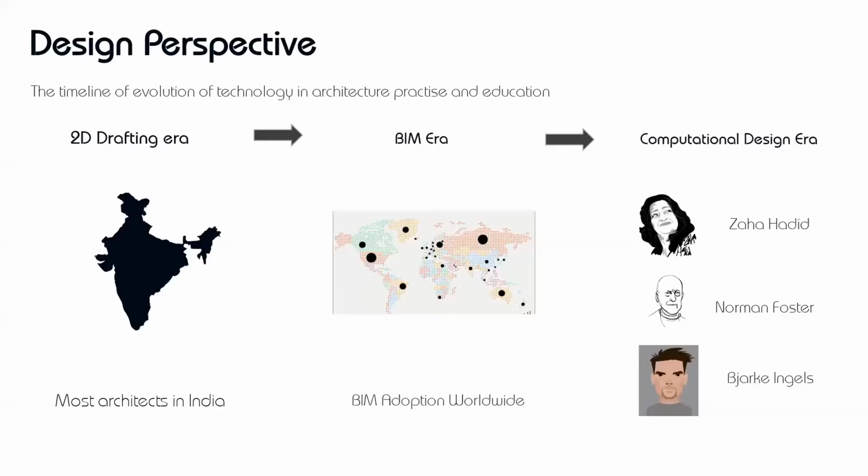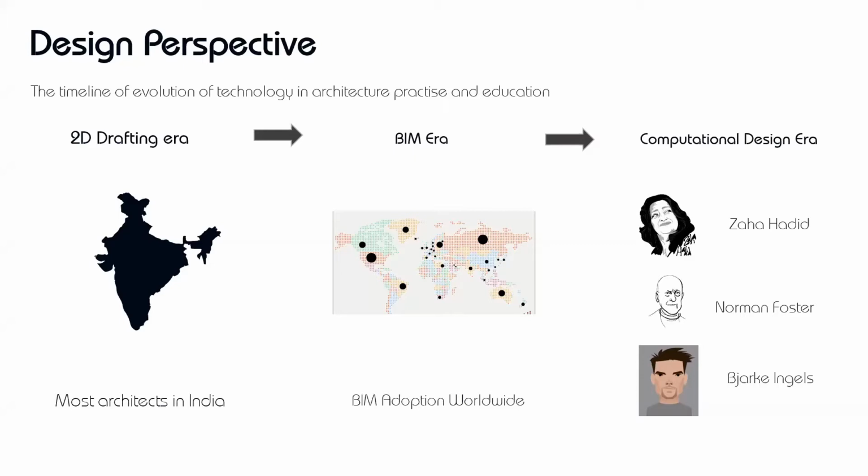So in the perspective of design, the timeline of technological evolution of design practice and architectural practice in India has been very different from the global use of technology in design thinking and architecture.